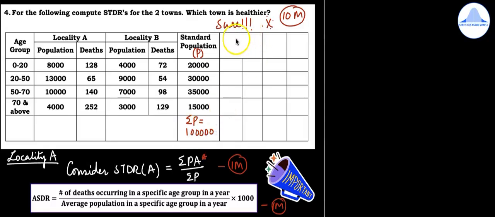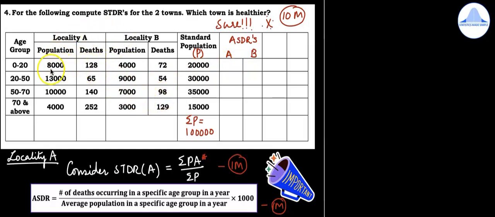Now the next step is to find out ASDRs, that is age specific death rates. We should find out for both the localities A and B. A means ASDR for locality A and B means the ASDR for locality B. The calculation is simple. It is the deaths by the population into 1000.